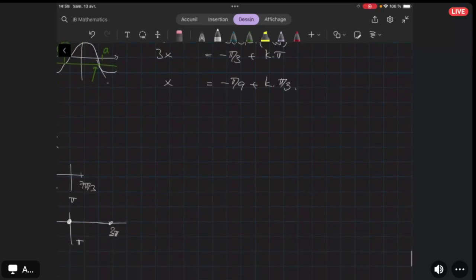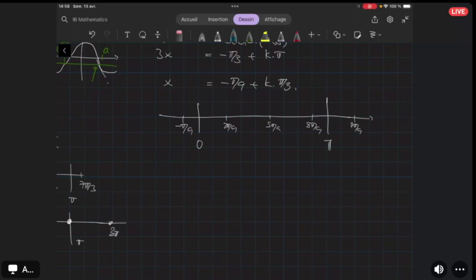All right, now we have this solution here. Negative pi over 9, add pi over 3, add pi over 3, add pi over 3, and so on. We're interested between 0 and pi. I'm sorry, 0 and pi. So there are 3 solutions.